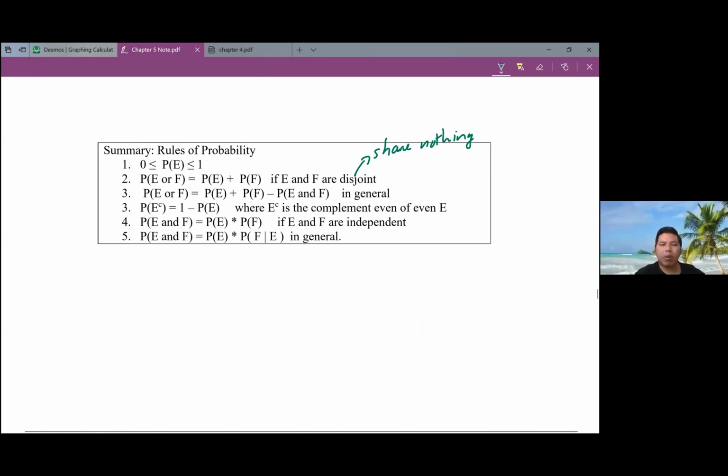The rule of complements will always be 1 minus P of E. P of E and F will be P of E times P of F if they are independent. And if they are not independent, then you have to take P of E and multiply by the conditional probability of F given E. Every situation has a formula to follow.